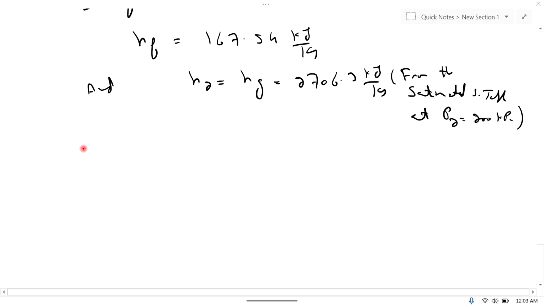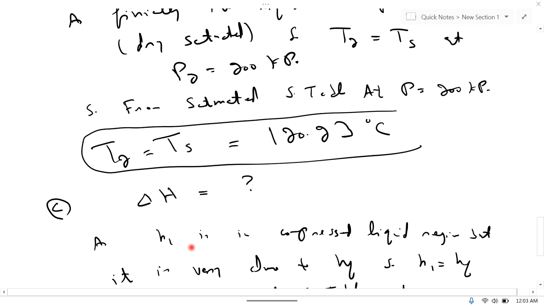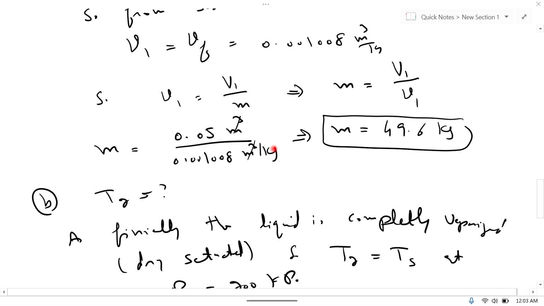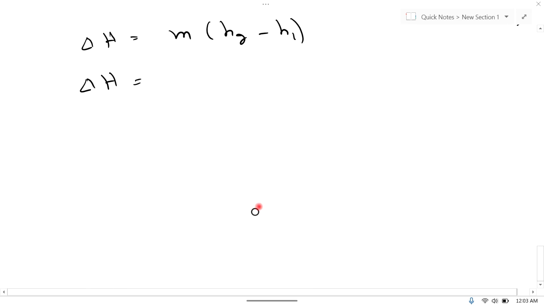So now delta H is equal to mass multiplied by H2 minus H1. So the change in enthalpy is equal to mass, the value of m is 49.6 kg, times H2 minus H1.